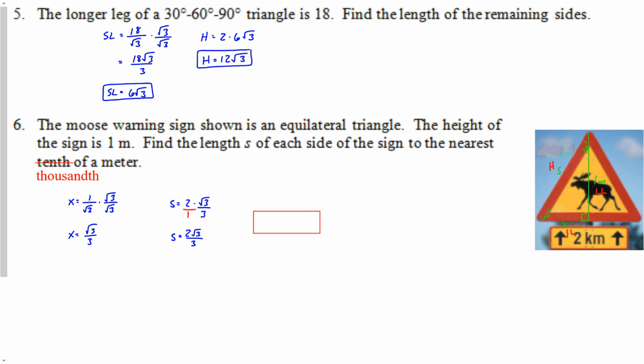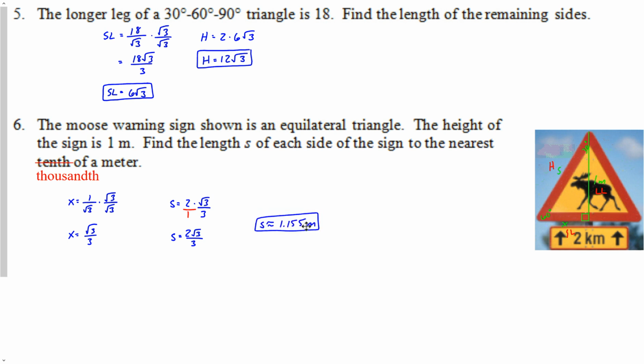So you can do numerator times numerator, denominator times denominator. We get 2 square root of 3 over 3. But now here's a case where you have to make sure you're reading the problem carefully. It says the side length needs to be found to the nearest thousandth of a meter. So you have to take 2 square root of 3 over 3 in your calculator, and you have to be careful with this when you type it in.